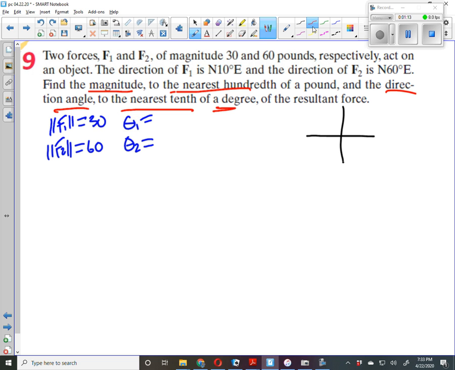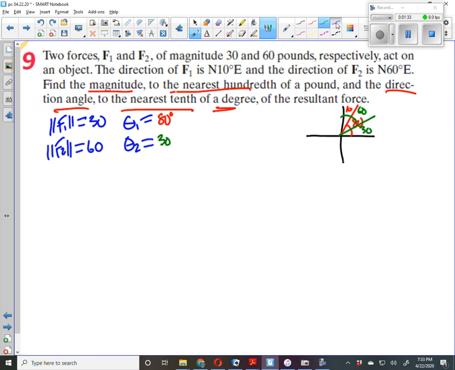F1 north 10 degrees east, that's 10. That means this is 80. So this is 80 degrees. And force 2 north 60 degrees east, 60 is going to be here, right? So that means this is 30.